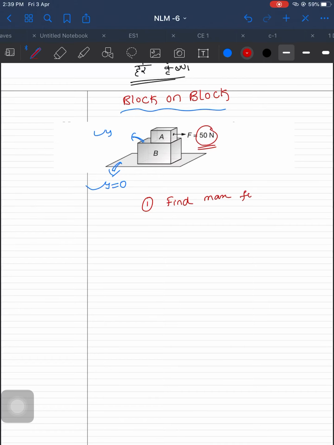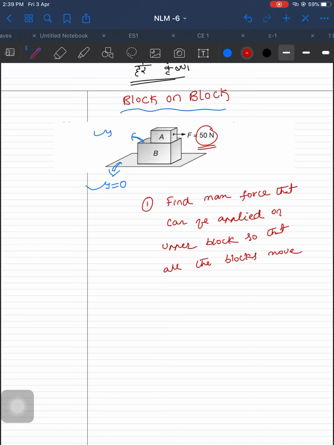Find the maximum force that can be applied on the upper block so that all the blocks move together.